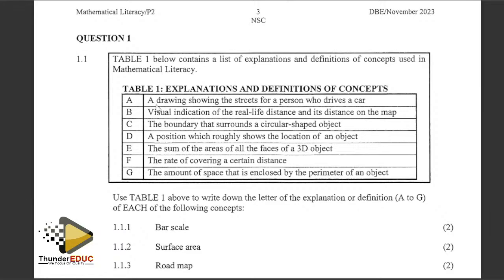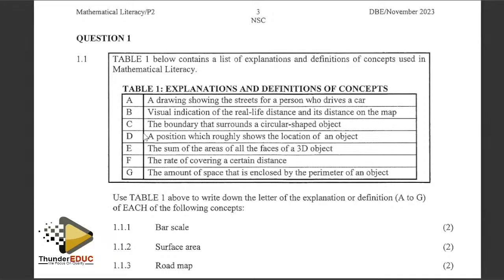A, a drawing showing streets for a person who drives a car. B, we look at a visual indication of real-life distance and its distance on the map. C, a boundary that surrounds a circular-shaped object.